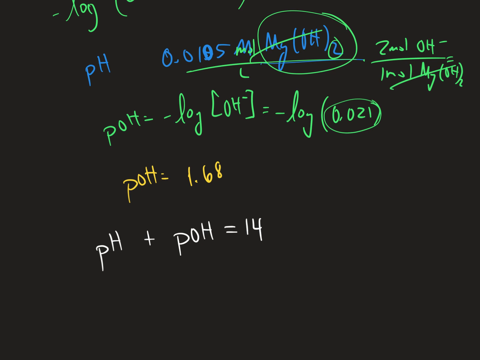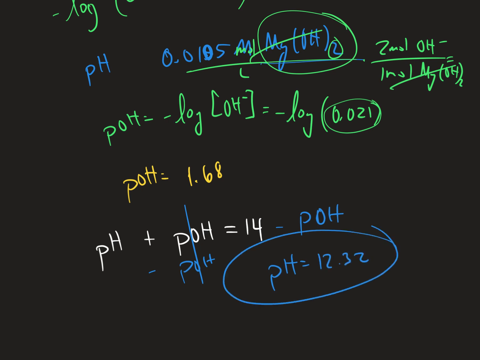How do we calculate the pH? Subtract pOH from both sides. And we got it. So the pH is going to be 14 minus the 1.68. And that gives us 12.32. Good enough?